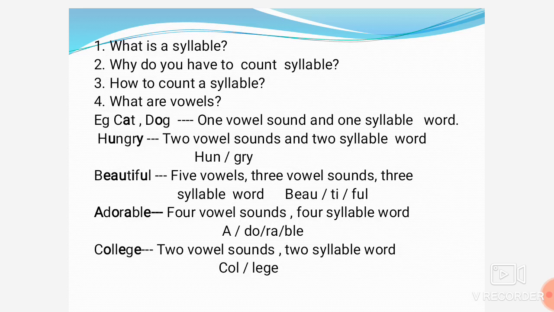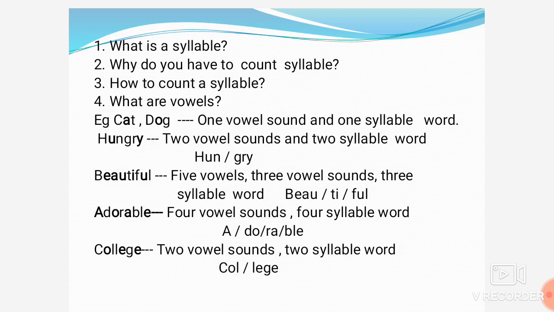For example, take the word cat. Cat has got one vowel and also one vowel sound. Always remember, when you're counting the syllable, we don't count the vowels. We count only the vowel sound.